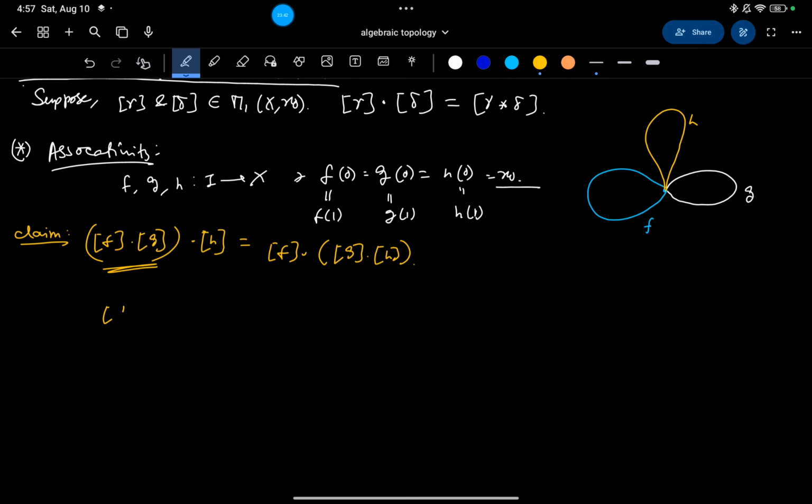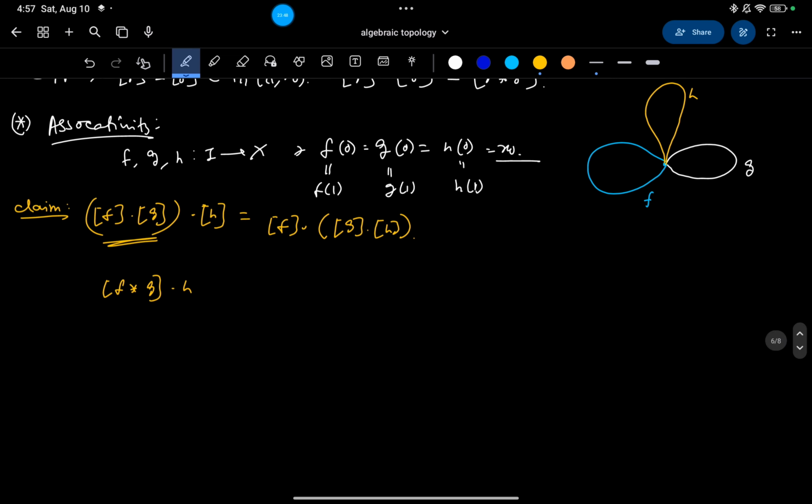It is nothing but F star of G dot H. So that means it should be F star G star H.